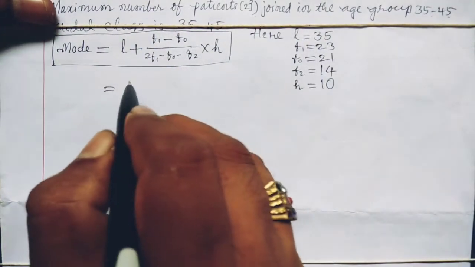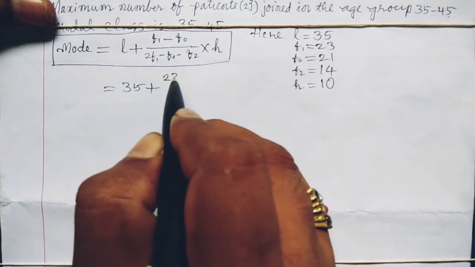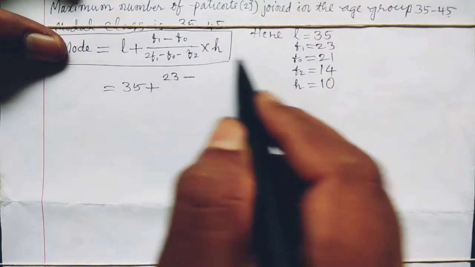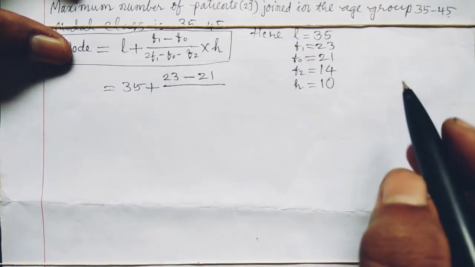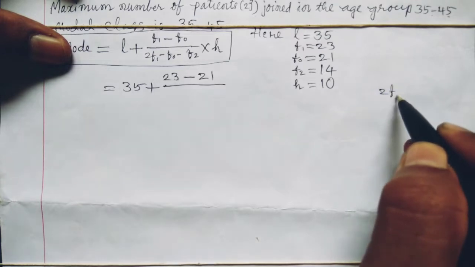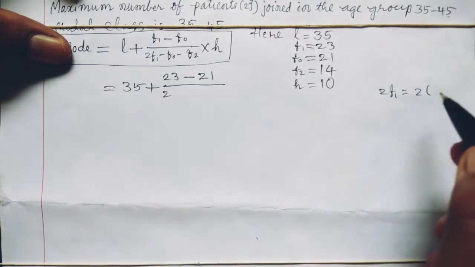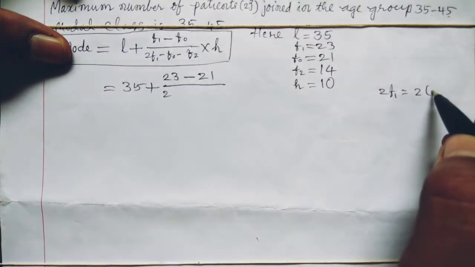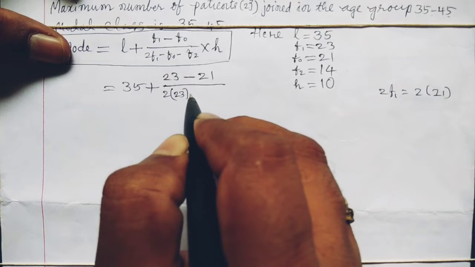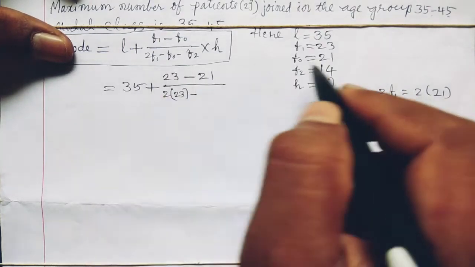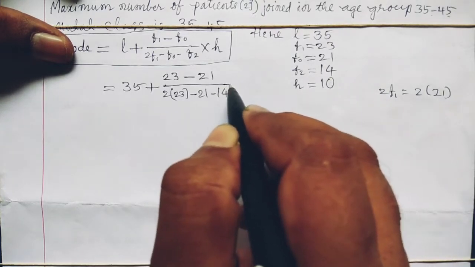L value 35 plus F1 23 minus F0 21 by 2F1. 2F1 is 2 into 23, minus F0 21, minus F2 14, into 10.